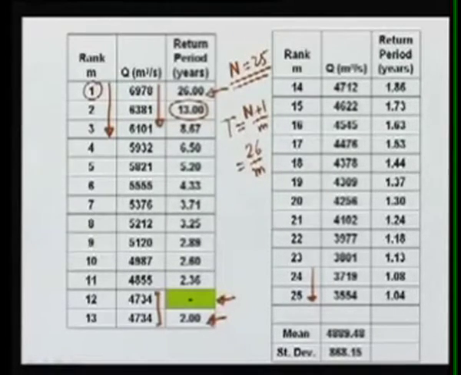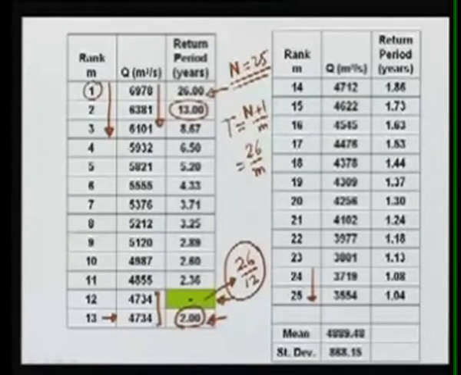to the lower value in this case, or the higher rank value 13, and get a return period of 2 for this case. So for this case the value which we will actually obtain would be 26 by 12, but we will not write it here because these two are the same and they both will have a return period of 2 years.